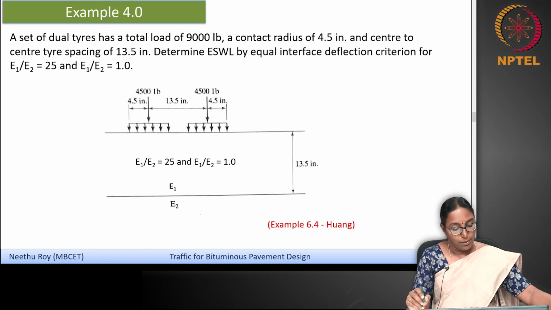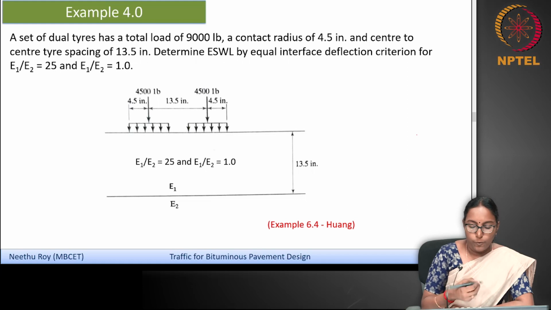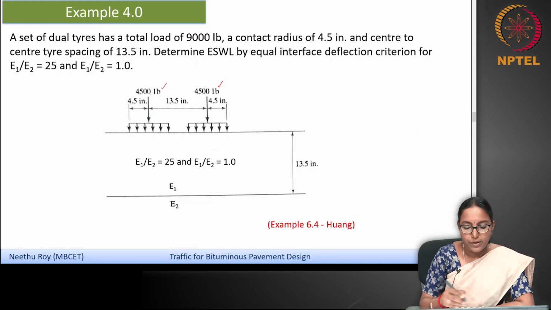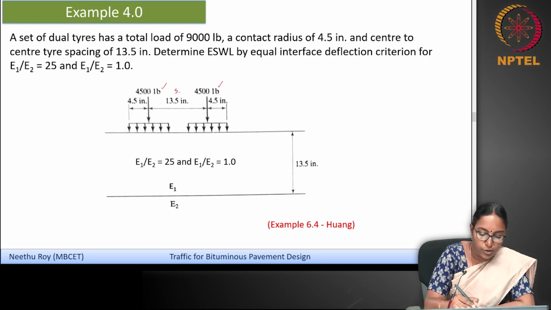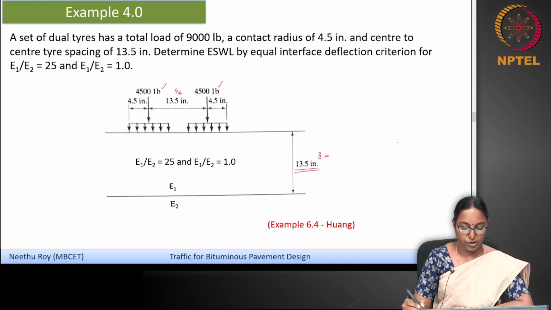Let us work out the same problem again with this concept and see what will be the equivalent single wheel load. So, as already discussed, this is 4,500 pound and 4,500, a total of 9,000 pounds with a spacing of SD, spacing of 13.5 inch, and you are asked to find the equivalent single wheel load when the pavement thickness is Z is equal to 13.5 inch.